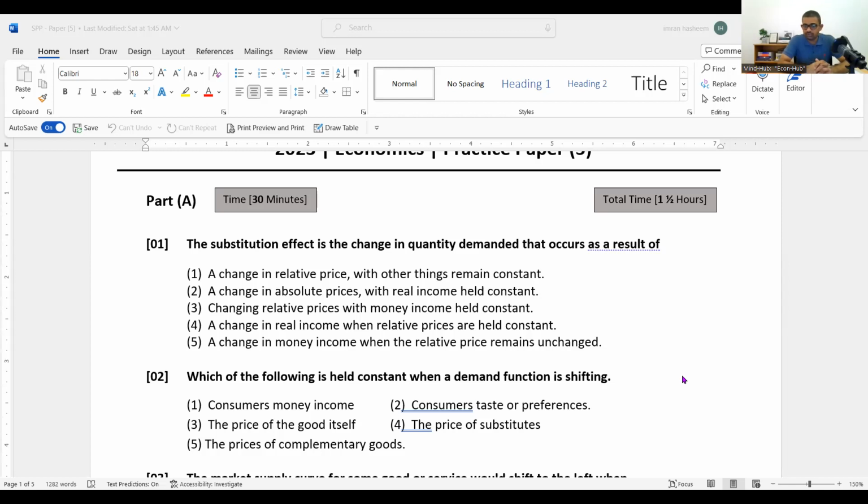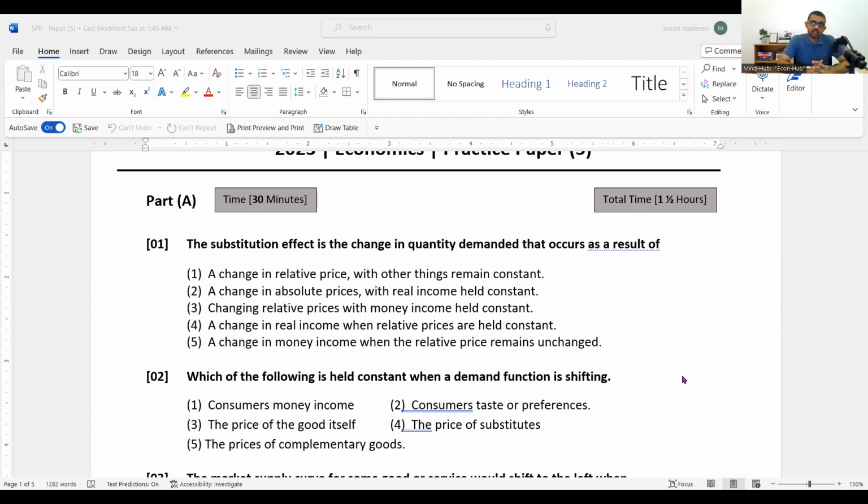Actually, the first answer itself is a really correct statement, because the substitution effect is where we change our quantity demanded for a given product because the price of a substitute good does not change, only the price of the product under consideration changes.